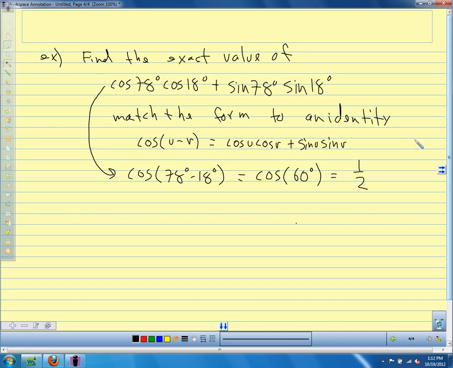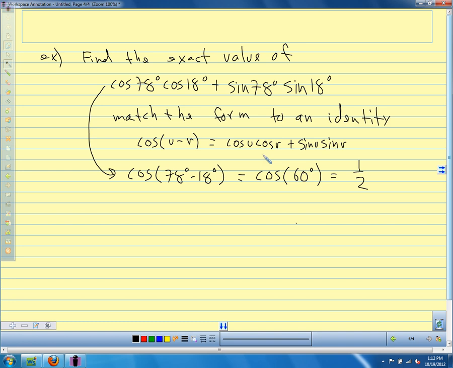That's all we have to do. So when we have a problem where we have angles and sines and cosines mixed together like this, we look for the identity that matches the form of our problem and see if we can use that identity to help us out.